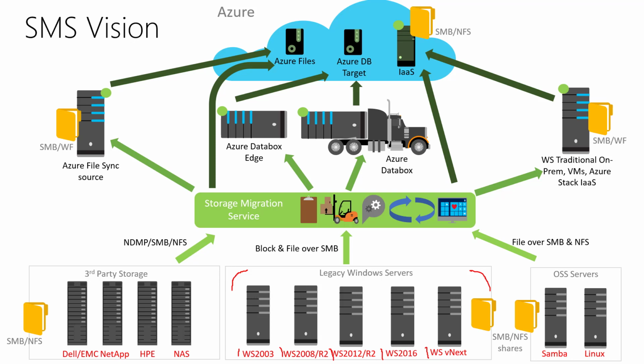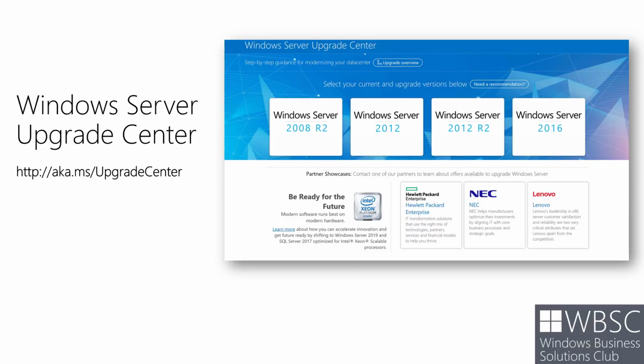When we talk about migration, it's helpful to get some support, and a source where we get detailed information about migrating to the latest Windows Server versions is the Windows Server Upgrade Center via aka.ms/upgrade center. You have access to this web page we can see in the screenshot, and there we select first our source server version, and then we select our target server version.